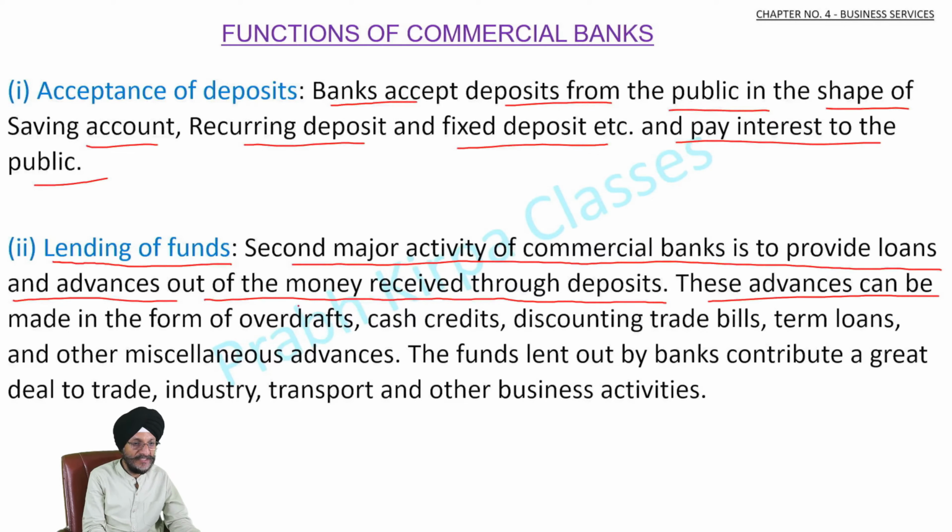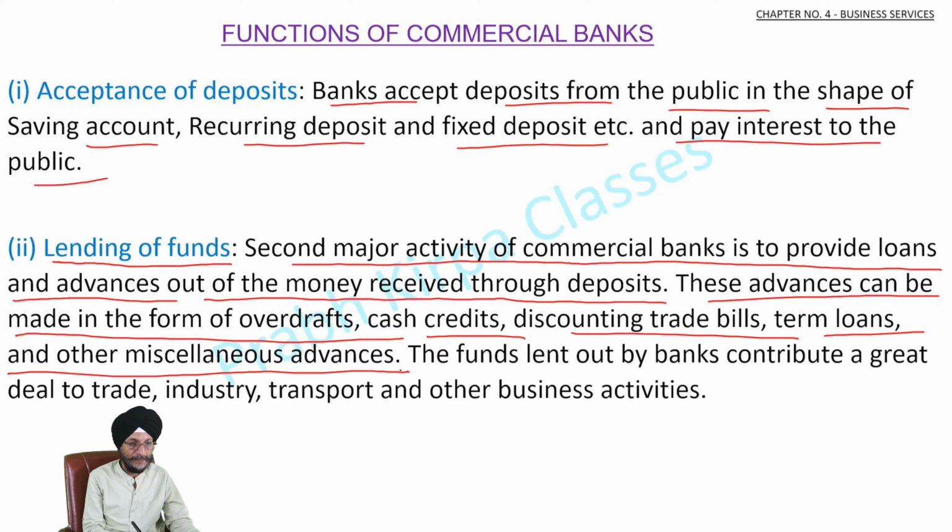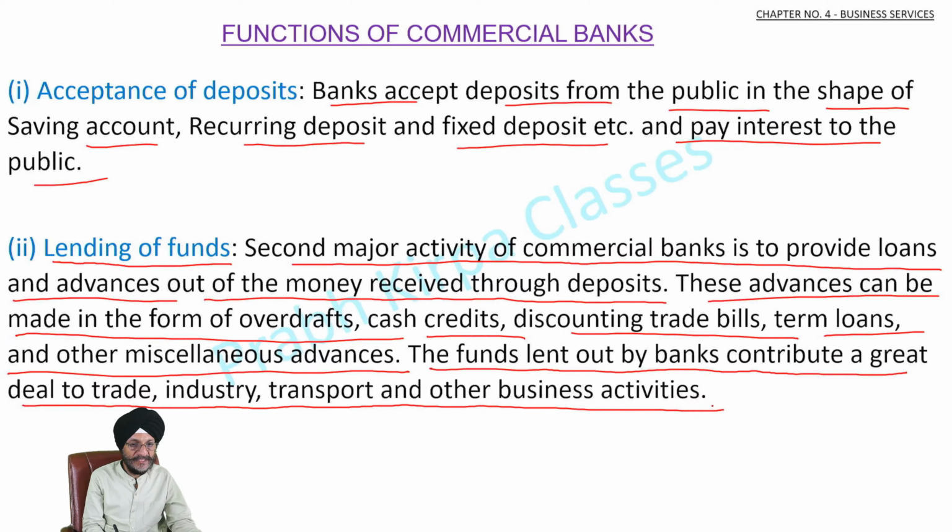These advances can be made in the form of overdrafts, cash credit, discounting trade bills, term loans, and other miscellaneous advances. We will understand some of these terms like overdraft, cash credit, discounting trade bills later on. The funds lent out by banks contribute a great deal to trade, industry, transport, and other business activities.